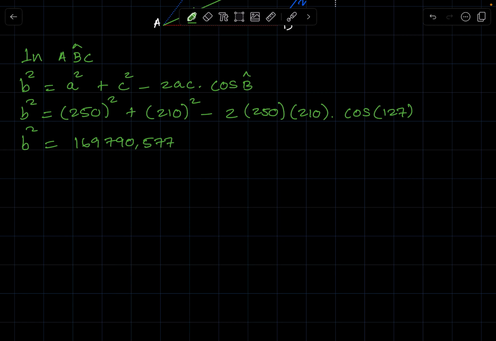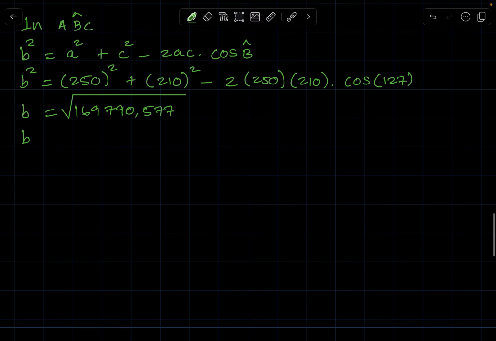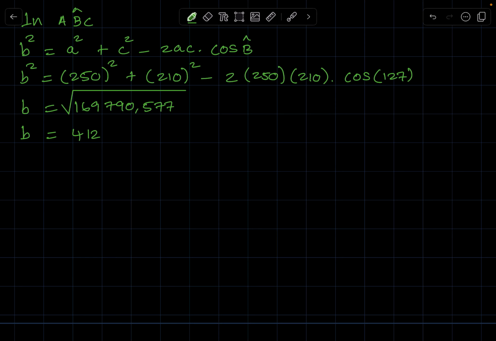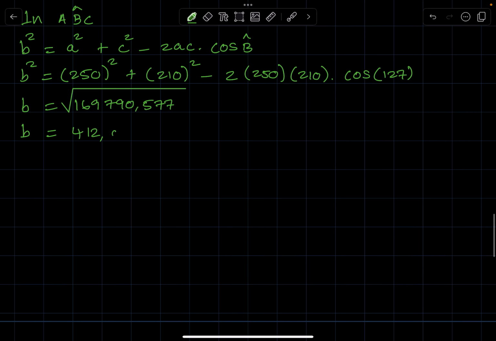Then you apply the square root both sides. So obviously you write down your square root this side, and then B will be equal to the square root of this, which will give you 412,057.